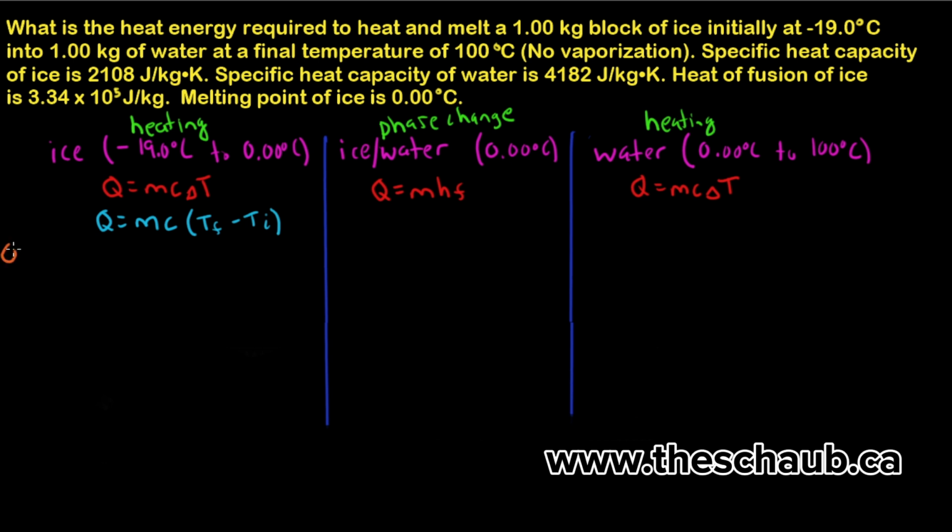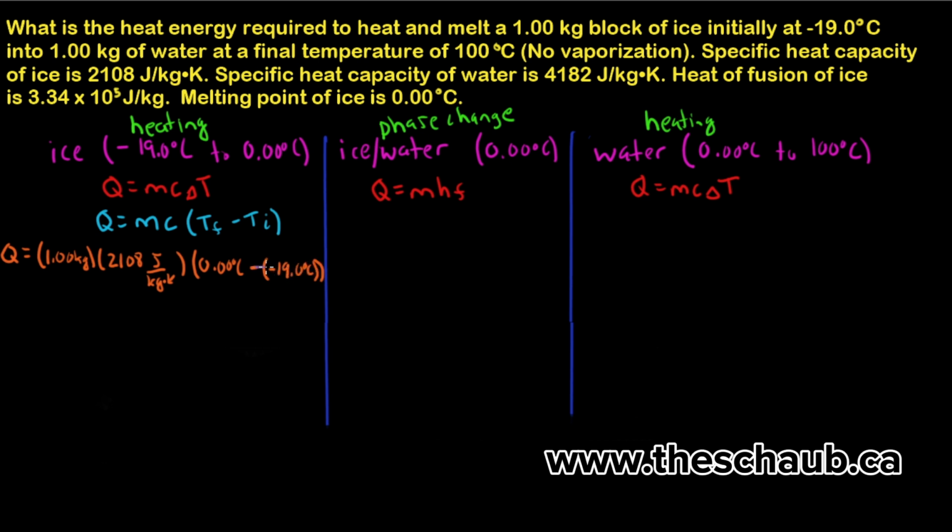Substituting our values into this equation, we have Q is equal to the mass of the ice, which is 1.00 kilograms, multiplied by the specific heat capacity of ice, which is 2,108 joules per kilogram degree Kelvin, multiplied by the temperature final, which in this case is equal to 0.00 degrees Celsius, subtract the temperature initial, which is equal to negative 19.0 degrees Celsius.